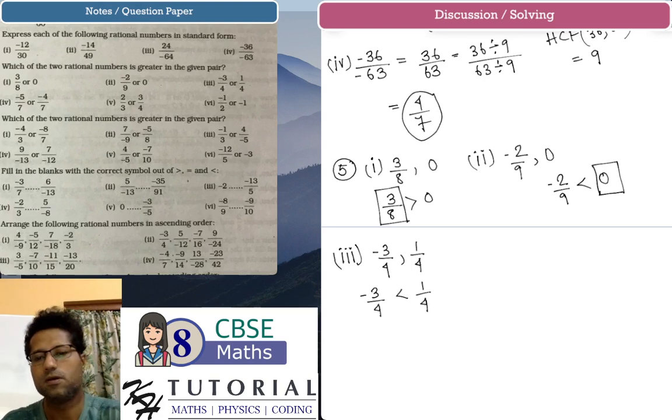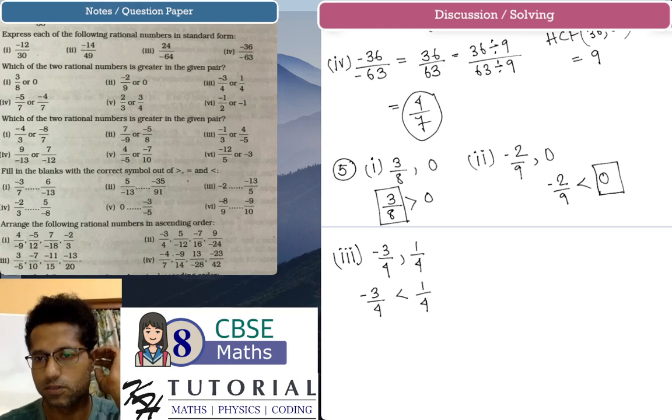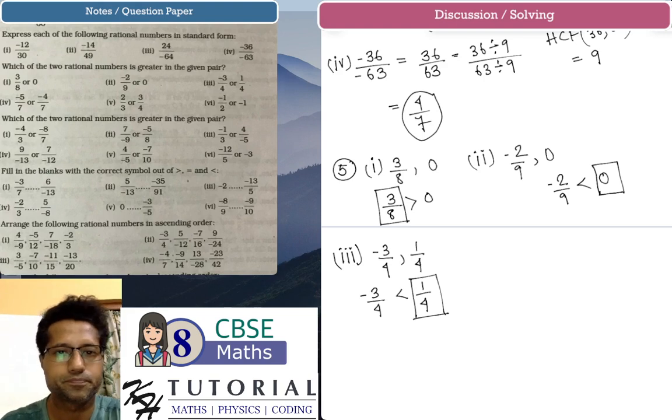Why? Because minus 3 by 4 is a negative rational number and 1 by 4 is a positive rational number, and we know that all negative numbers are definitely less than all positive numbers. Whether the number is a rational number, fraction, integer, or whole number, it does not matter. Any negative number is always less than a positive number. So in this case 1 by 4 is the greater rational number.